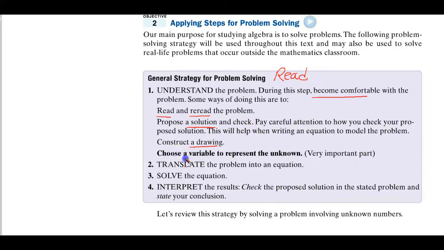Then we choose a variable to represent the unknown. Now, if we're dealing with a formula like rate times time equals distance, then we might use the letter r if the unknown is the rate, or t if the unknown is time, or d if the unknown is distance. We might use these letters.